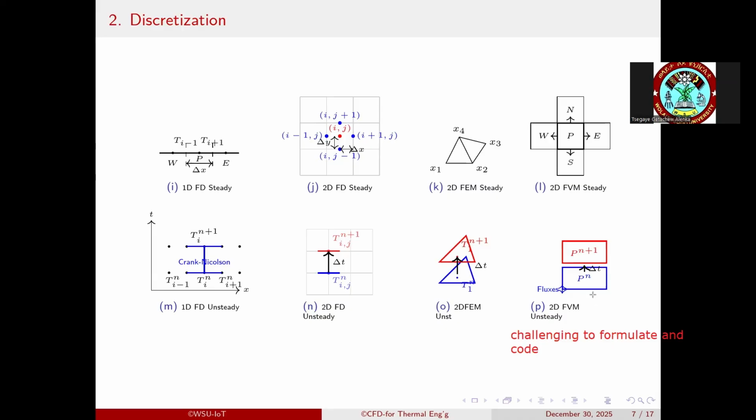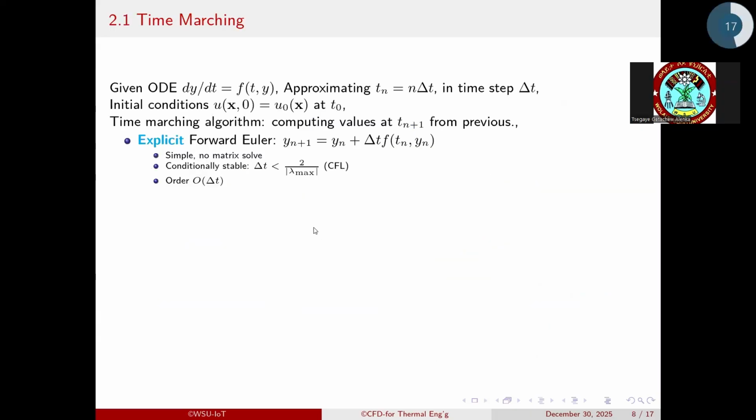Another concept before we begin discretization, therefore, is time marching. It refers to solving ordinary or partial differential equations by advancing the solution step by step from the initial time to later times, typically using finite difference approximation of time derivatives.